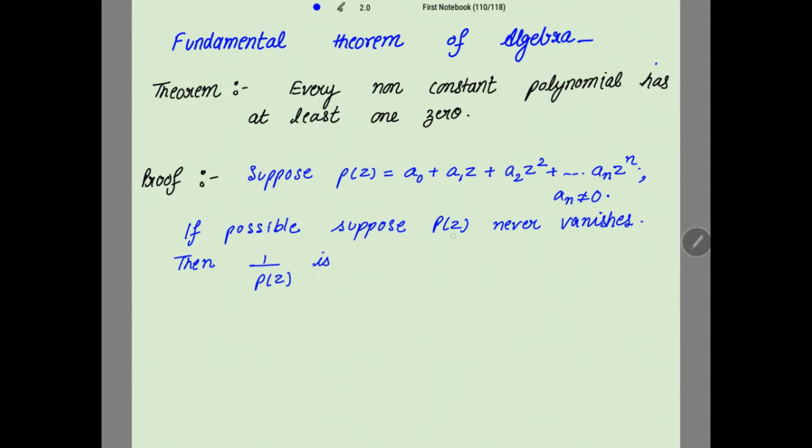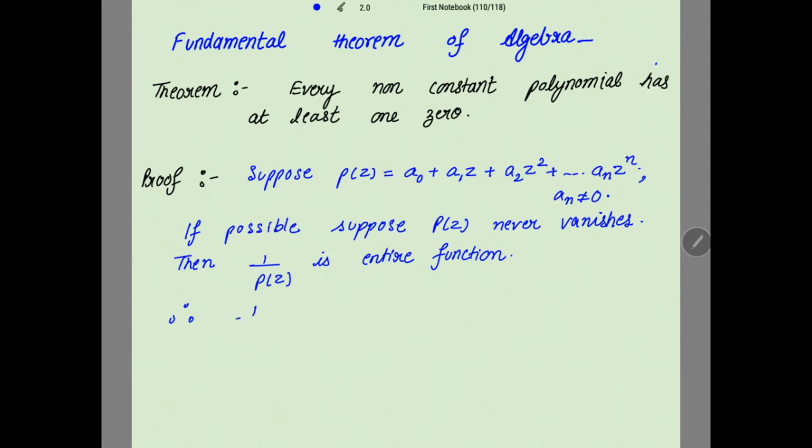Because P(z) is given to be an entire function, since every polynomial is an entire function, right? So if P(z) is entire, then 1 over P(z) is also entire. Entire function means analytic everywhere.